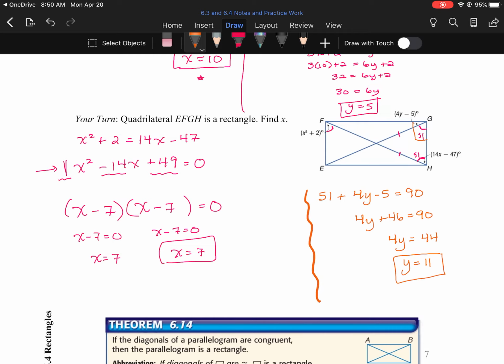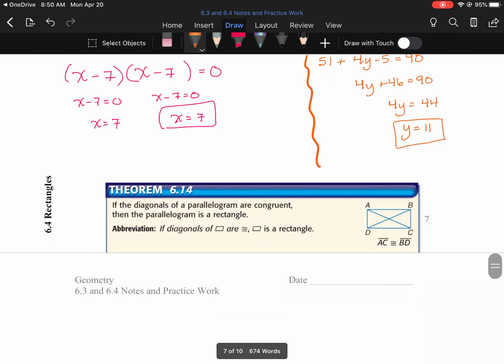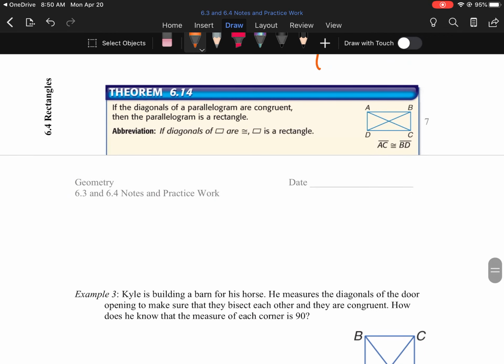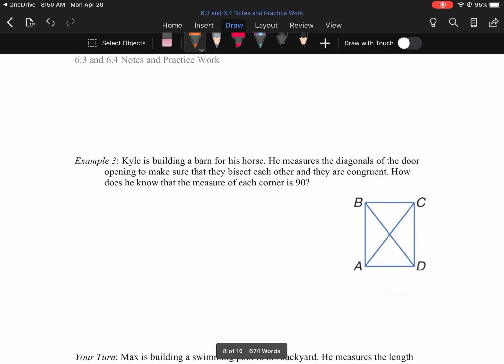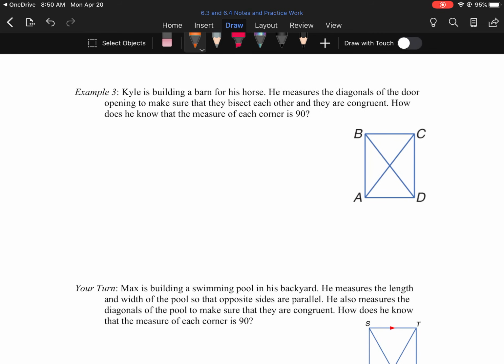Okay, all right, we have two more, and there's not too much math involved. So the theorem says if the diagonals of a parallelogram are congruent, then the parallelogram is a rectangle. It says Kyle is building a barn for his horses. He measures the diagonals of the door opening to make sure they bisect each other and are congruent.